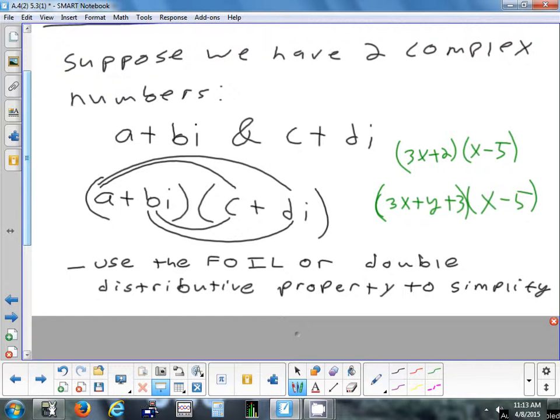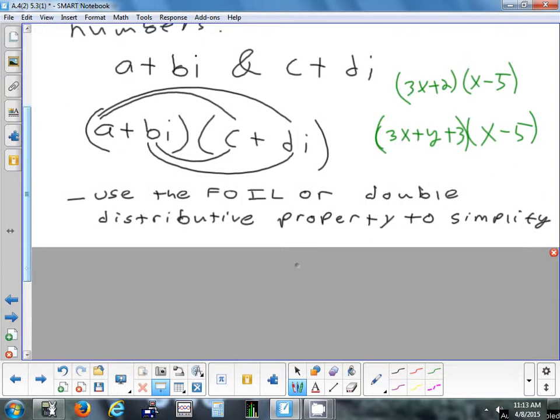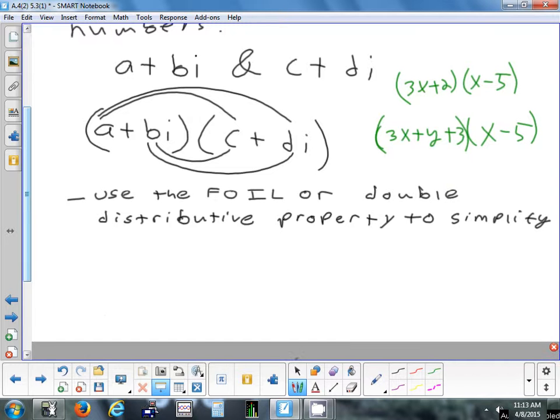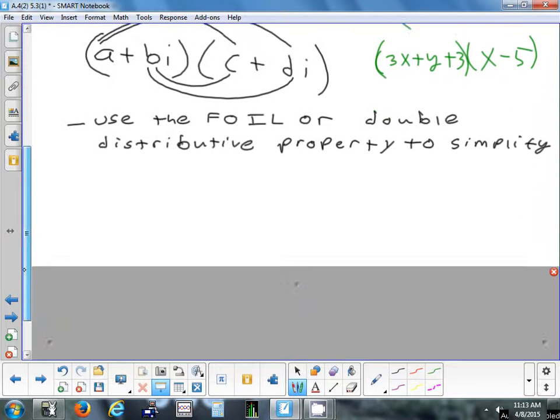But we're always going to just have 2 and 2, you'll never have 3. When you multiply, your first number in each set of parentheses is always going to be the real part, and your second number will always be the imaginary part. Your final answer should be written just like that: real part plus or minus imaginary part.